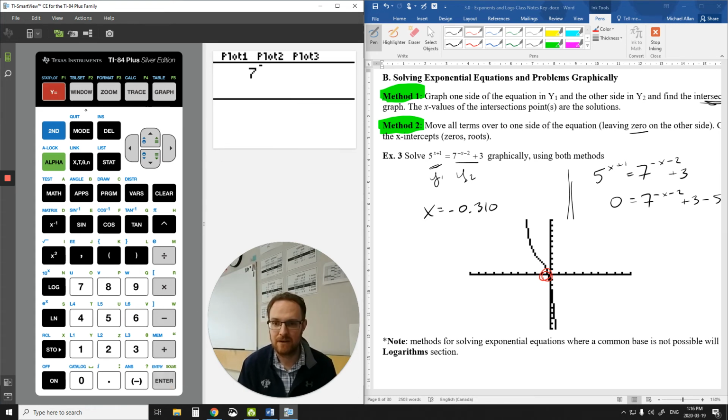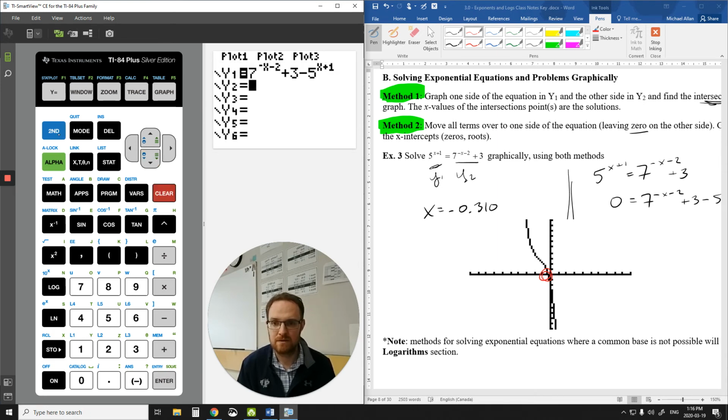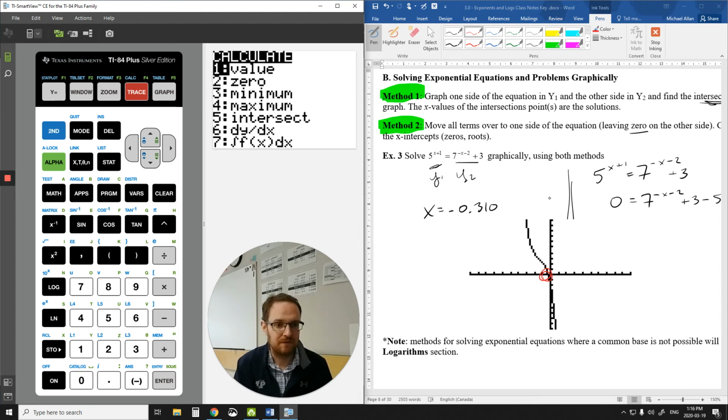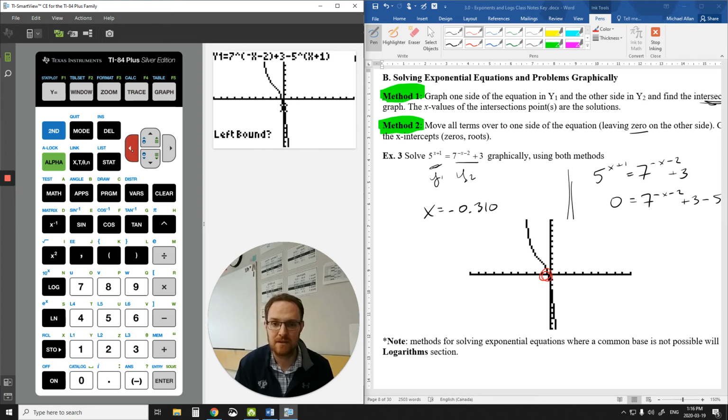Now, if we didn't have the other line, what we could do is go second trace, because this is equal to 0, so technically we would be looking for the zeros. So you can go 2, but it's going to ask you a few different questions. You can't just go enter, enter. It's going to ask you for the left bound. So you're just going to move your cursor slightly to the left of this point. If there's more than one intersection point, don't move it past the one that you're not trying to find, right?